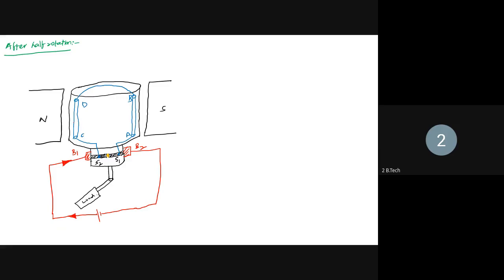And this is the current direction. So that is the current direction after half rotation. And the flux always flows from North Pole to the South Pole.